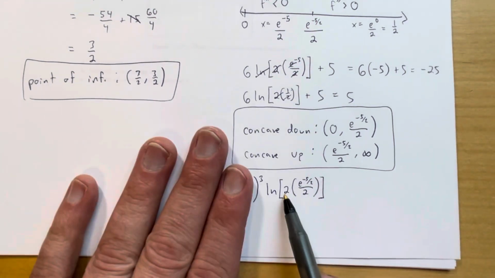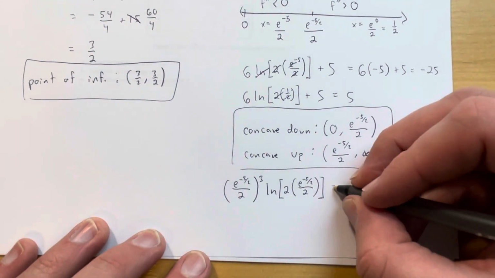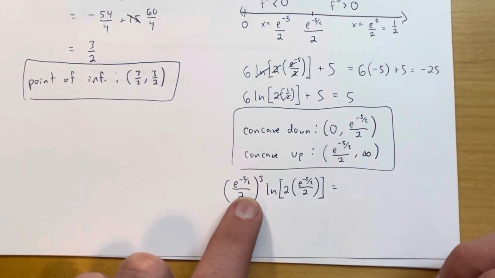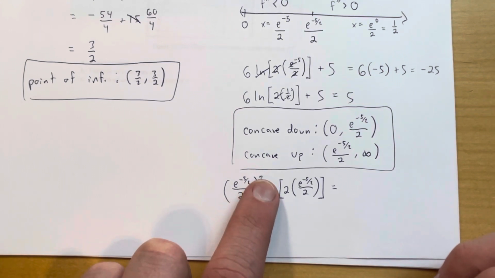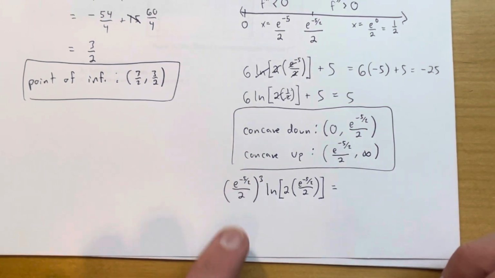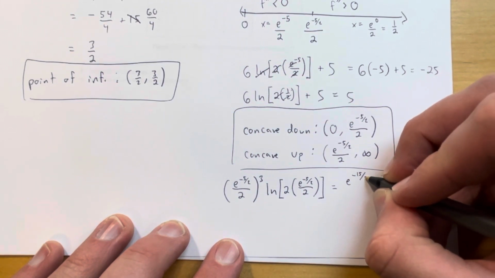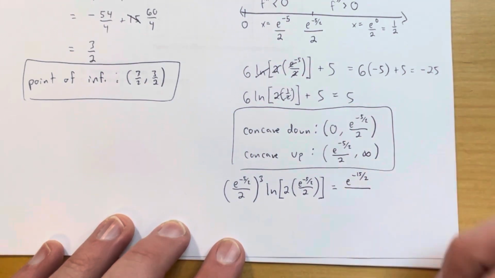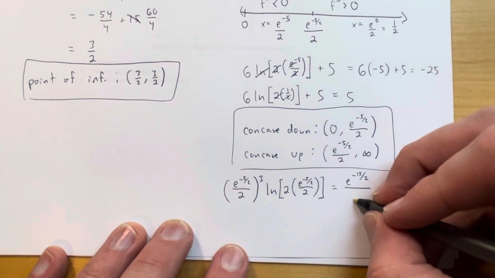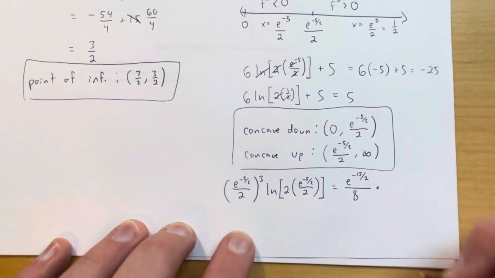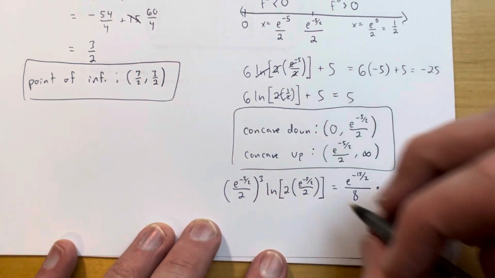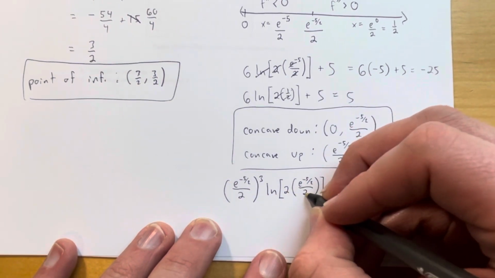So let's start here. If I cube this, I'm going to use some exponent properties. So 3 gets multiplied to that exponent right there, giving me e to the negative 15 over 2, over 2 cubed, which is 8, times the natural log of this stuff here. So I'm going to multiply the 2 times this.